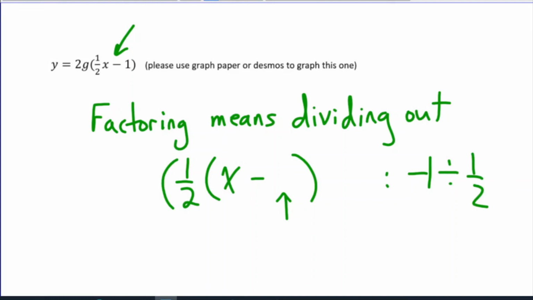You're dividing it out. Well, how do we divide by a fraction? You multiply by the reciprocal, and that will give us our answer of negative 2. So in the bracket here, I already had put the negative sign. We would have a +2 left over from that factoring.